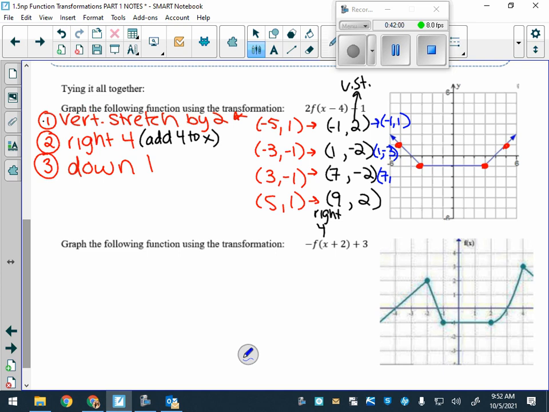Then we also have negative 3, 9, 1. Okay, so in the blue, those are our final points. Negative 1, 1, negative 3, 7, negative 3, and the other one's off the chart.